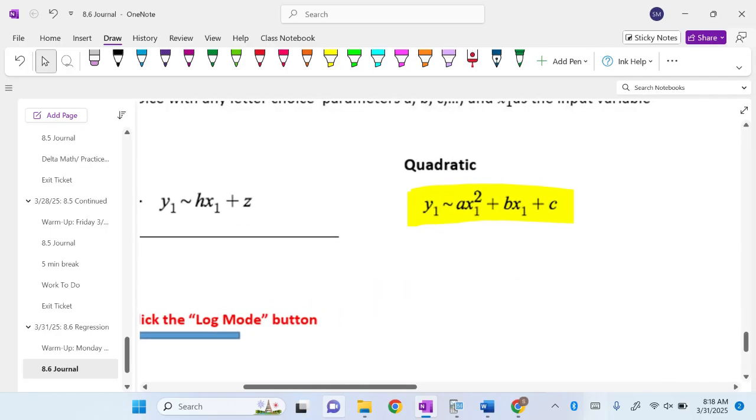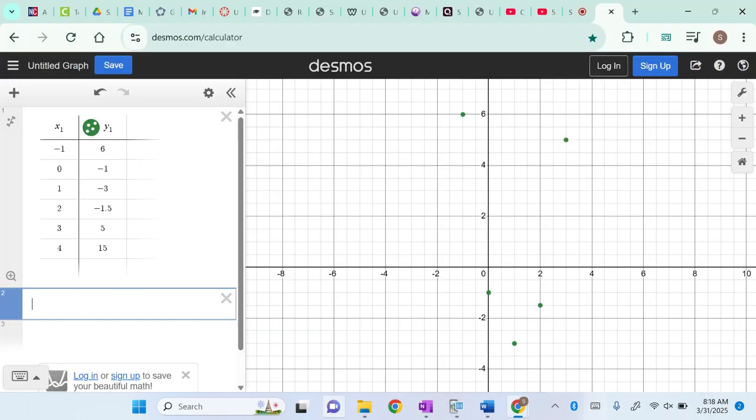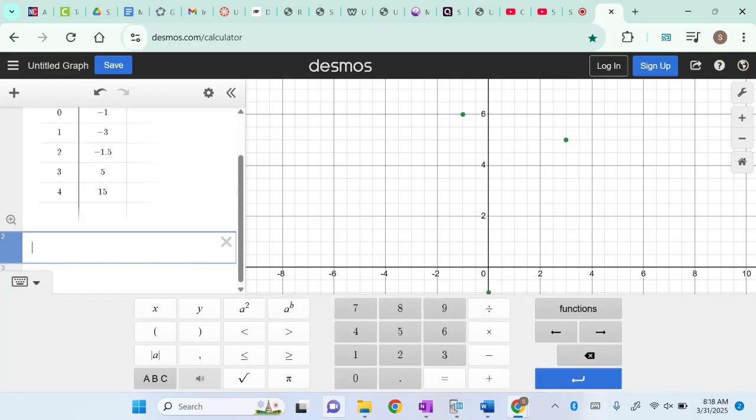So Y1, the little squiggle key, AX1 squared plus BX1 plus C. Now, to do the Y1, all you do is type Y and then type a 1 after it. It should automatically do the subscript. So we're just going to type in Y1.